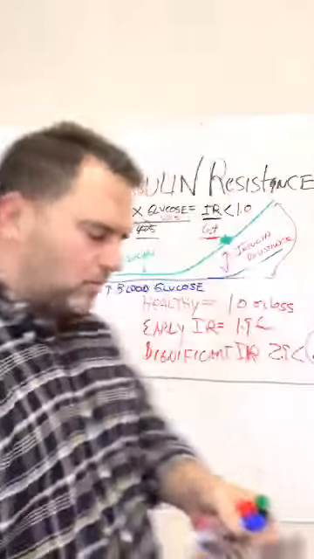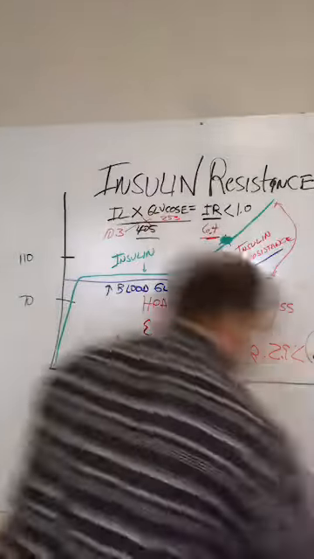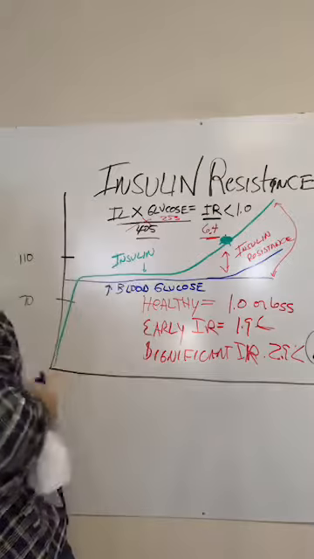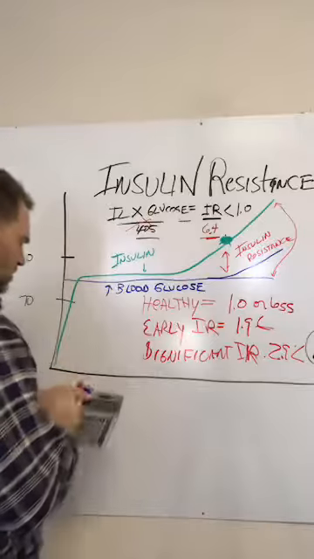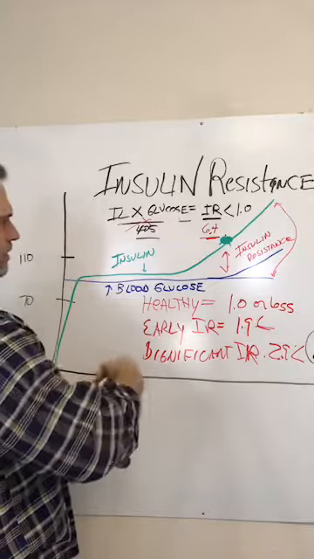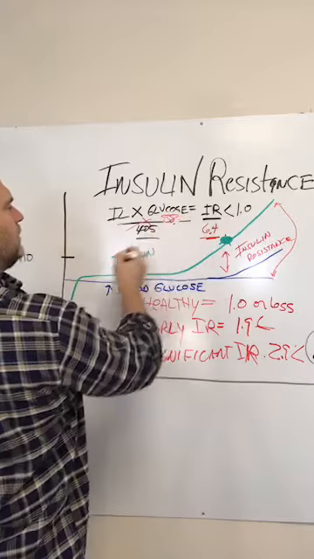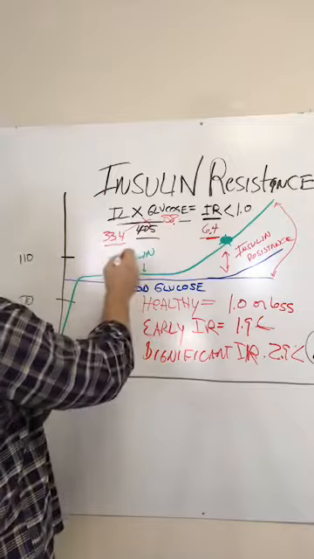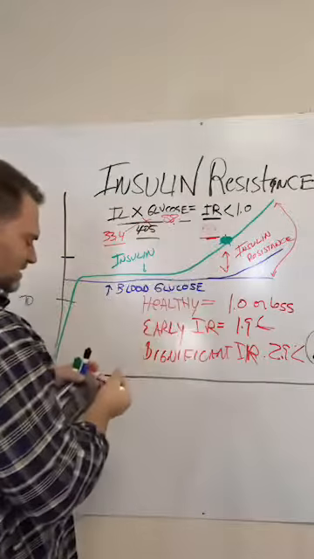Okay, so her blood glucose level was actually normal. It was 88, but her insulin level was 33.4. So that gives her insulin resistance.